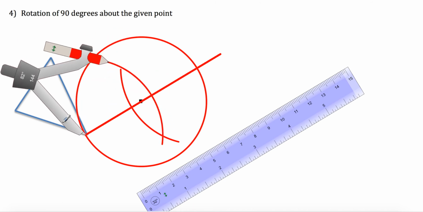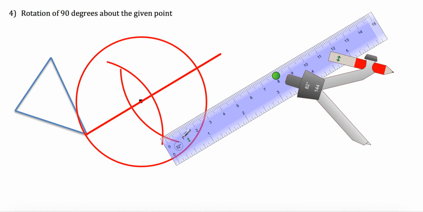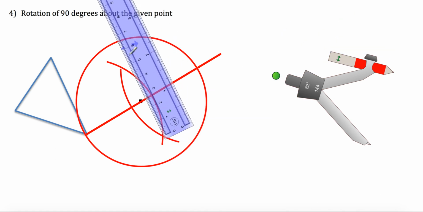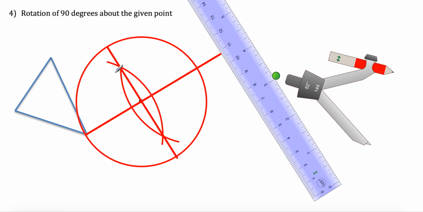Draw another arc, and all you have to do is connect the intersection. If you have done it correctly, the two intersections and the center will be all together along the same line.